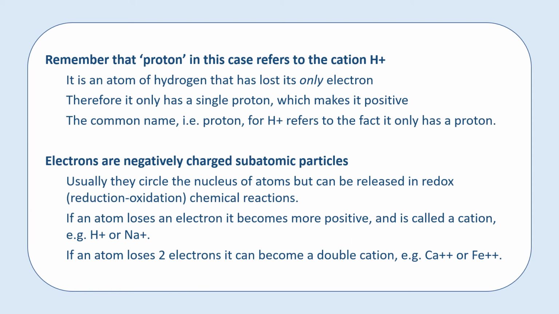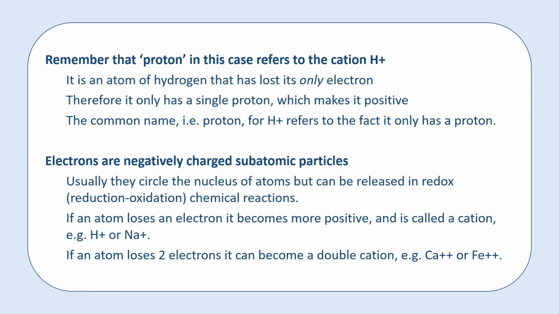Electrons, on the other hand, are negatively charged subatomic particles. Usually they circle the nucleus of atoms, but they can be released, usually in redox reactions, reduction oxidation reactions. You don't really need to know about those.